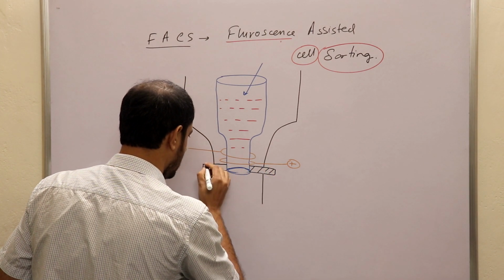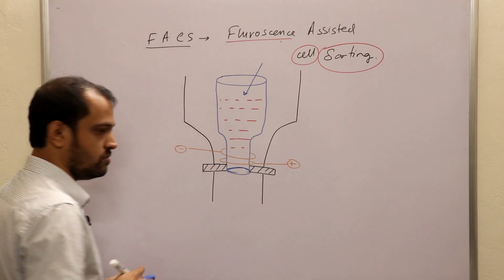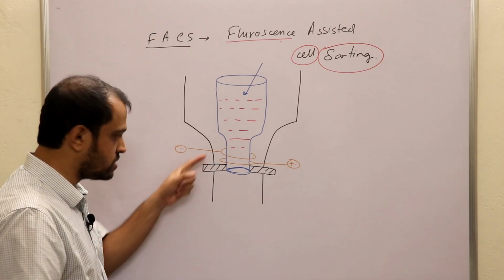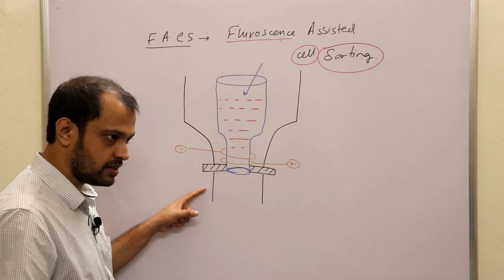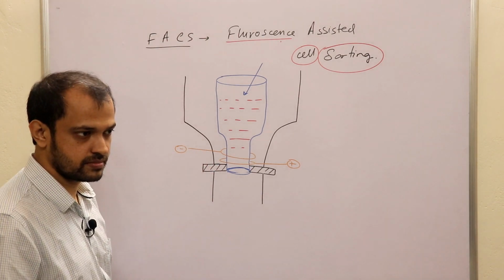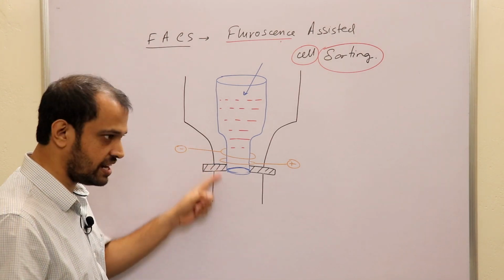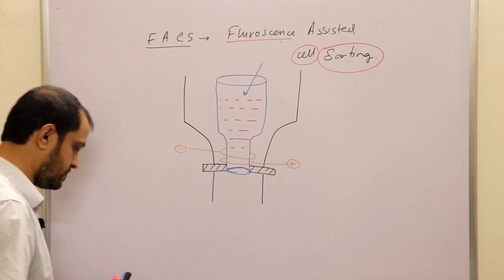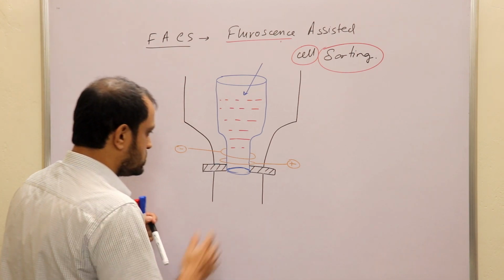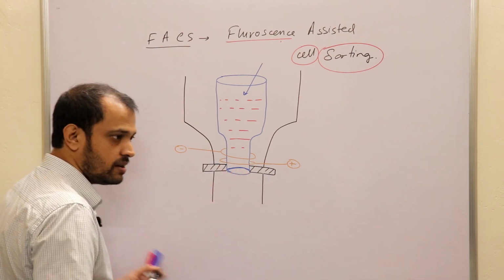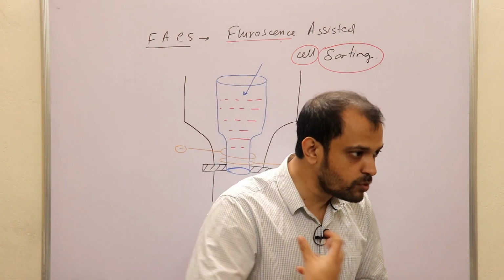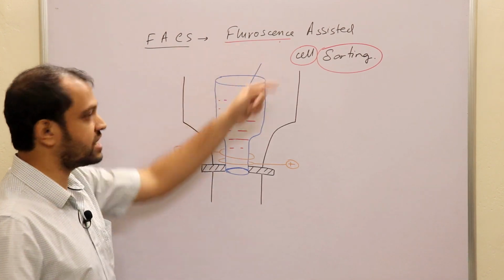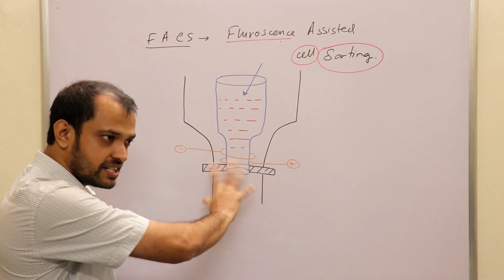Just because of the addition of these two things, the entire thing has changed. Now listen with all your attention. Now we'll talk about how the changed fluidic system of a flow cytometer acts when it is converted into a FACS machine. This is a changed fluidic system.